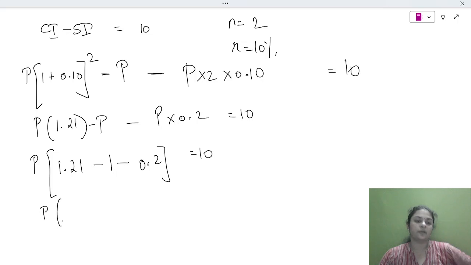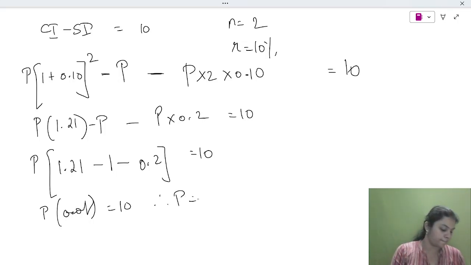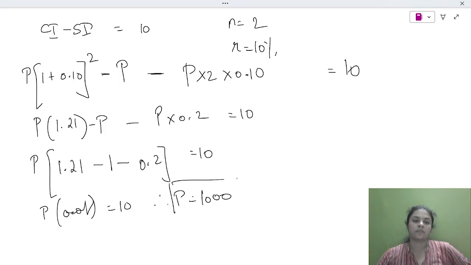So P into 0.01 equals 10. So therefore P is equal to 1000. And there you have the answer.